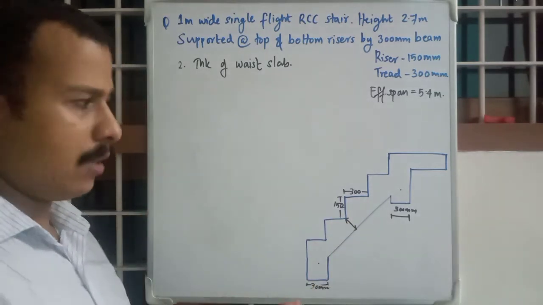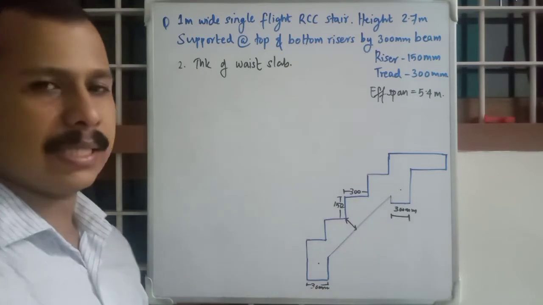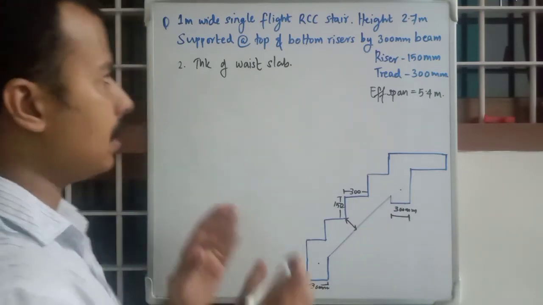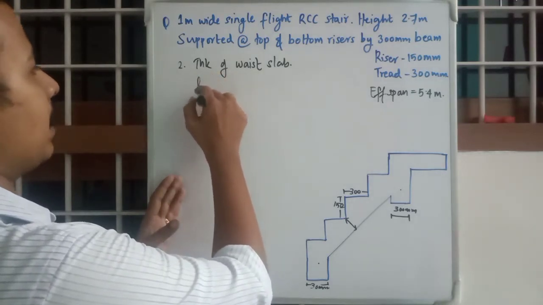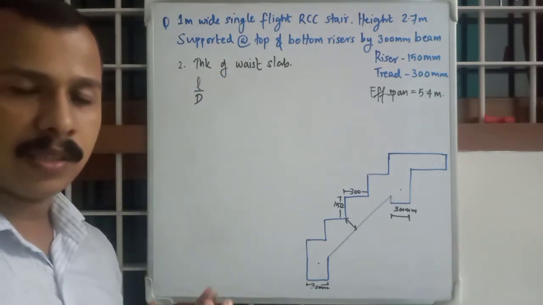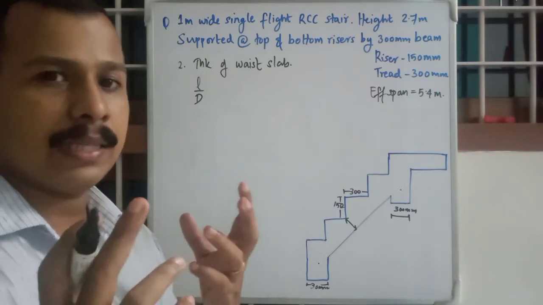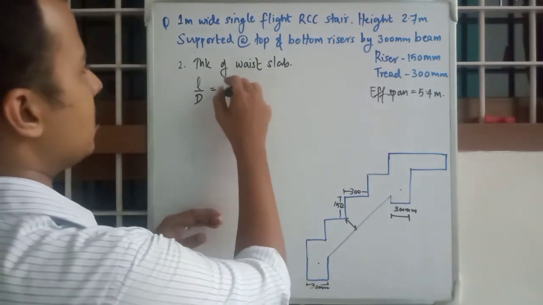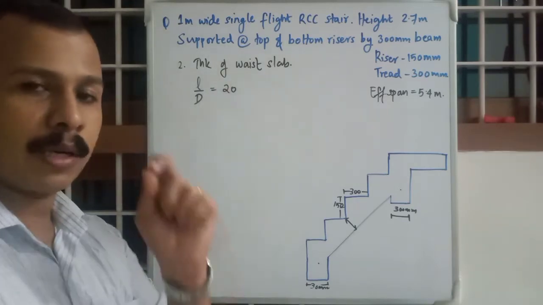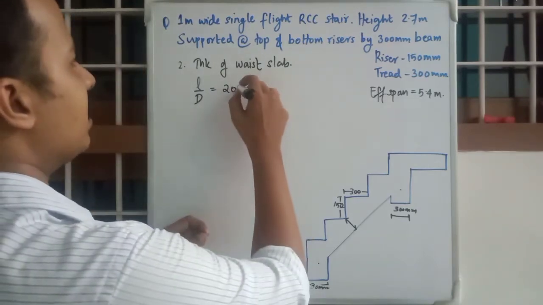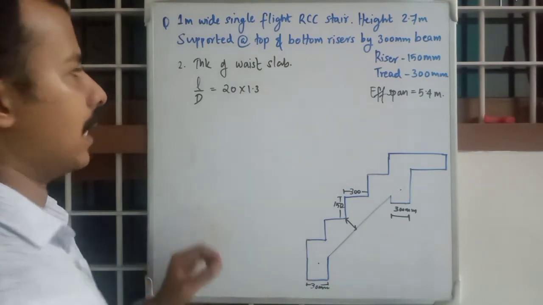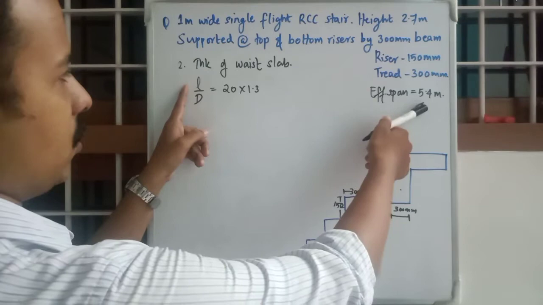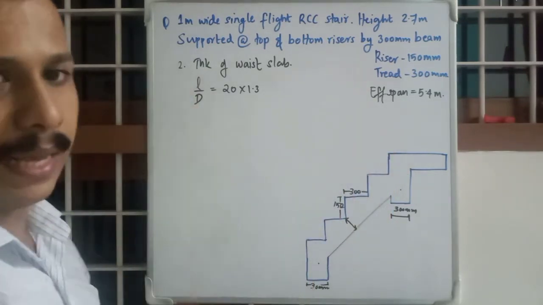As we said earlier, we are assuming this slab as a simply supported slab. So we know the L by D ratio to be taken, which is given on page number 37. For simply supported, it is 20. So for a slab, we will multiply it with 1.3.